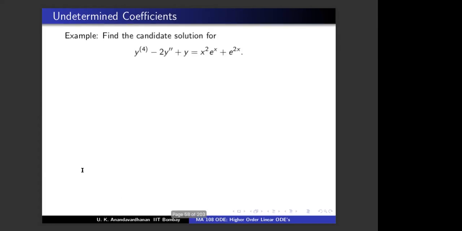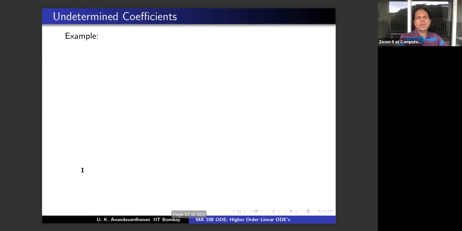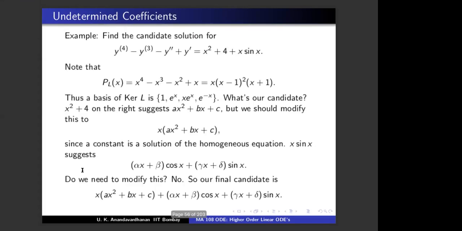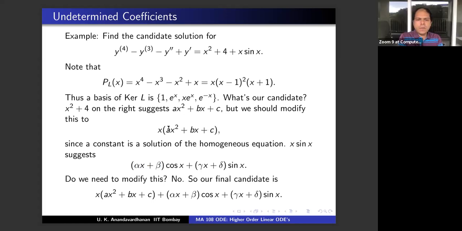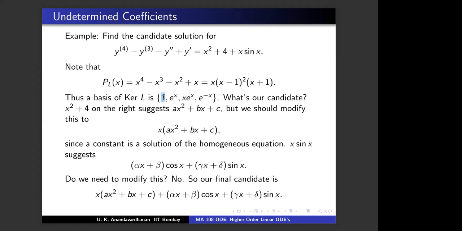Sir, why did you put an x in the quadratic polynomial? Why did you multiply the quadratic with x? Because if you did not multiply, you have ax square plus bx plus c, right? But c is already accounted for by 1, right? C is already a solution of the homogeneous part, no? Yes, sir. So the method would not have worked if you just put this here.